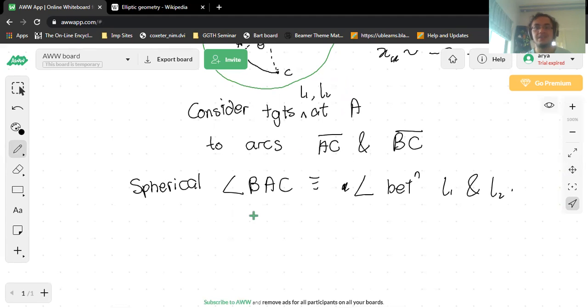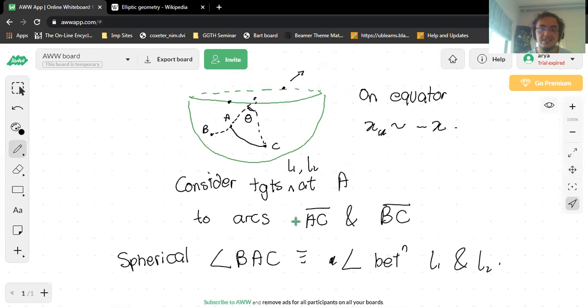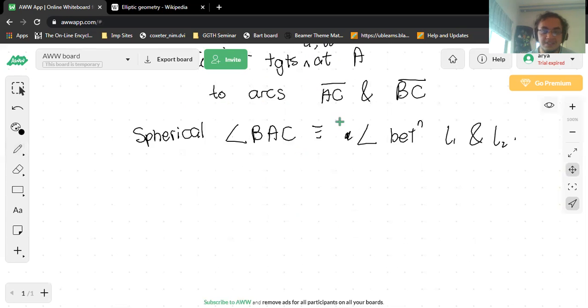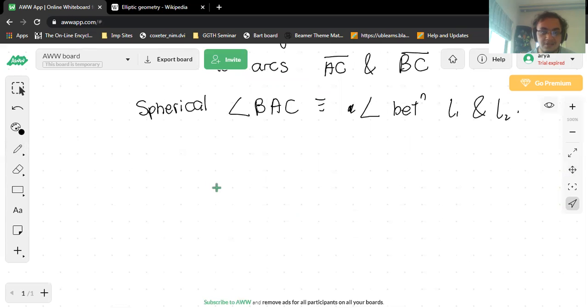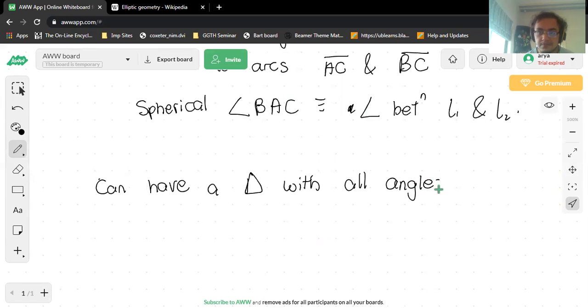You can see that there are no parallel lines because of points at infinity, and this gives you a geometry on the sphere, known as spherical geometry. This has some really interesting properties. For example, on the sphere, you can have a triangle with all angles 90 degrees.